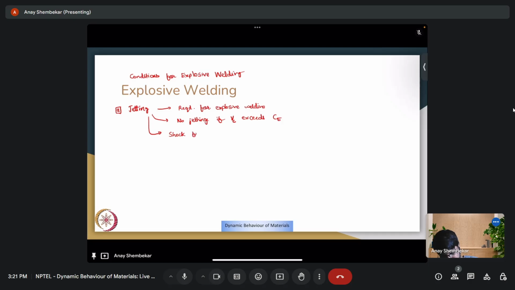The shock front produced at the impact point travels with the collision front. So both shock front and collision front travel together, and it depends on the dynamic bend angle.